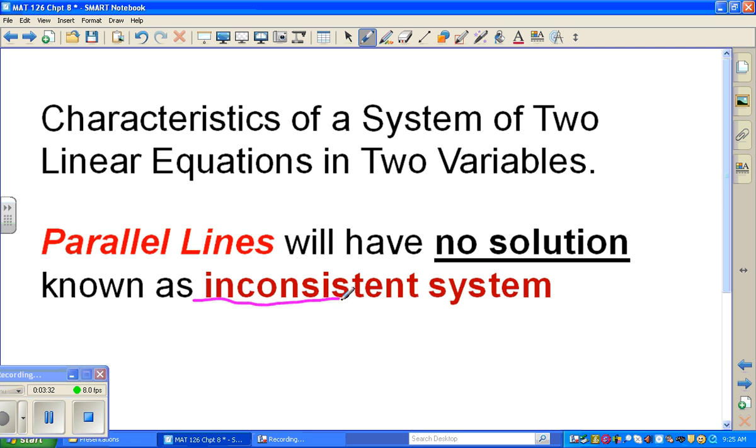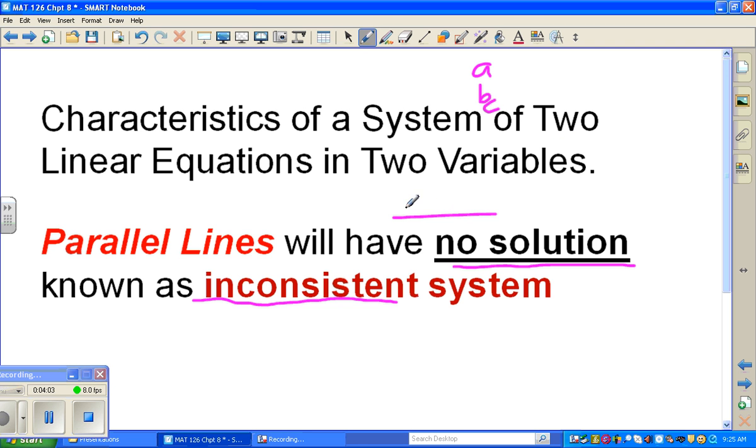Parallel lines get inconsistent, with no solution. The key words on this one are mainly for multiple choice exam questions with the choices not given to you in terms of numbers, but in terms of words. So you have three choices for each. You have choice A, B, and C, and they have these words. You have to remember what the words mean to answer the question.